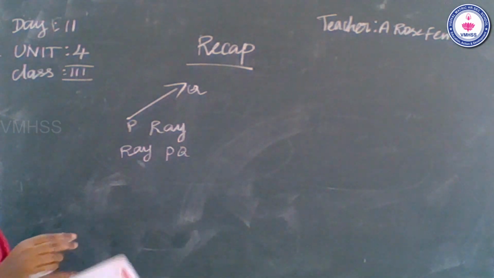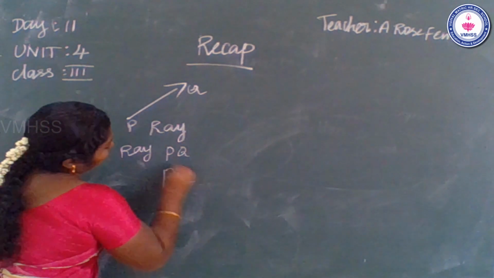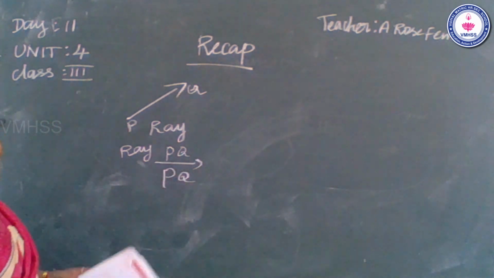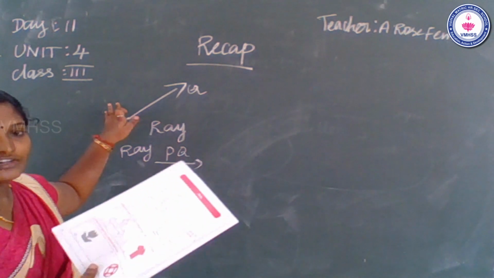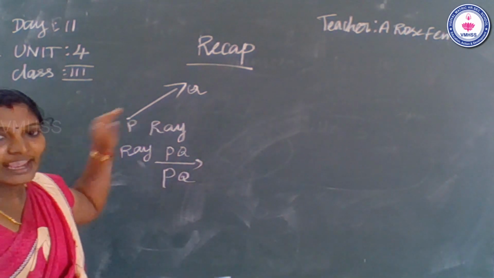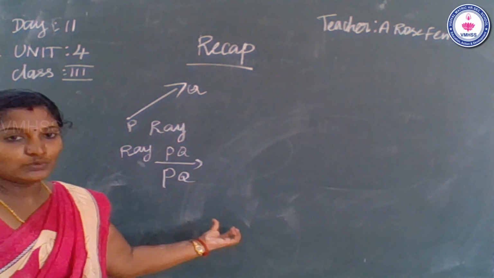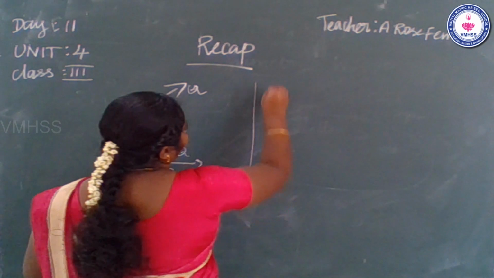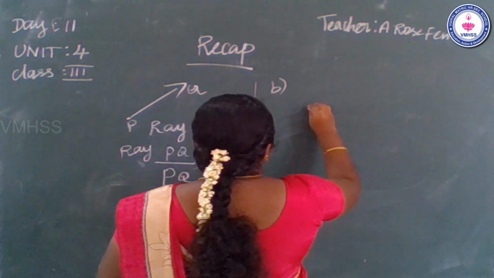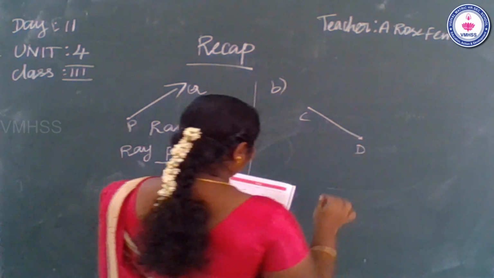Next, the symbol. Ray PQ. Once again, the first picture is a ray and its name is ray PQ. Next picture, question B, CD.